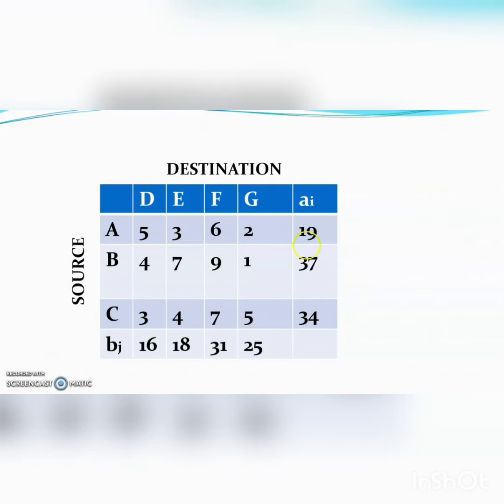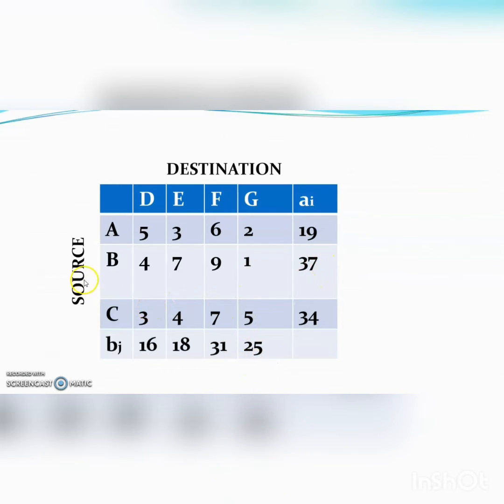First, we see that in the cost matrix, at the cell 2, 4, the cost is minimum. So, we will allocate in this cell as much as possible from the availability and the requirement.